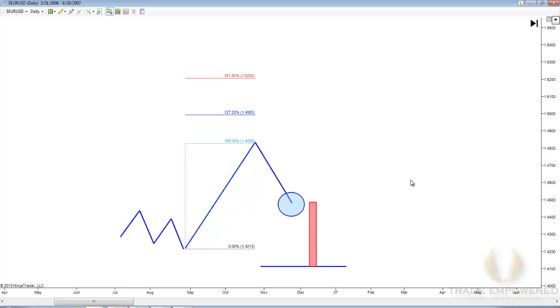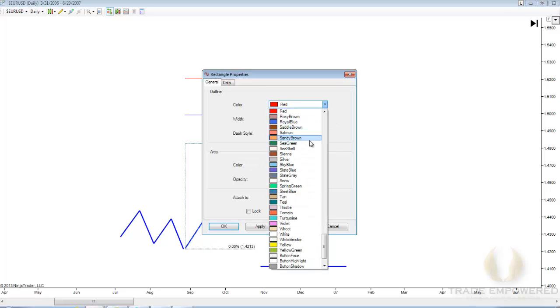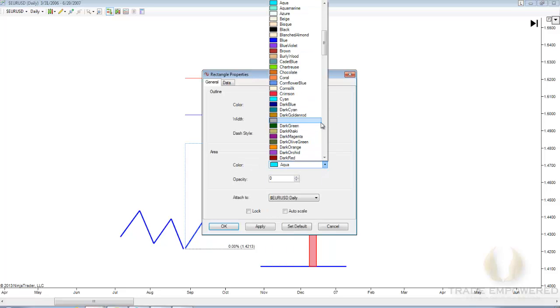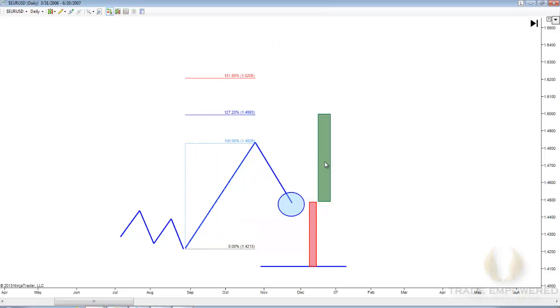By using our Fibonacci extension tool, if we're trading this trade like a trend continuation trader, we can expect our trend to continue again to at least the 127 and maybe even the 161.8. And what this does is set up a profit level, a level for where we can take our first position out, where we can take our second position out.